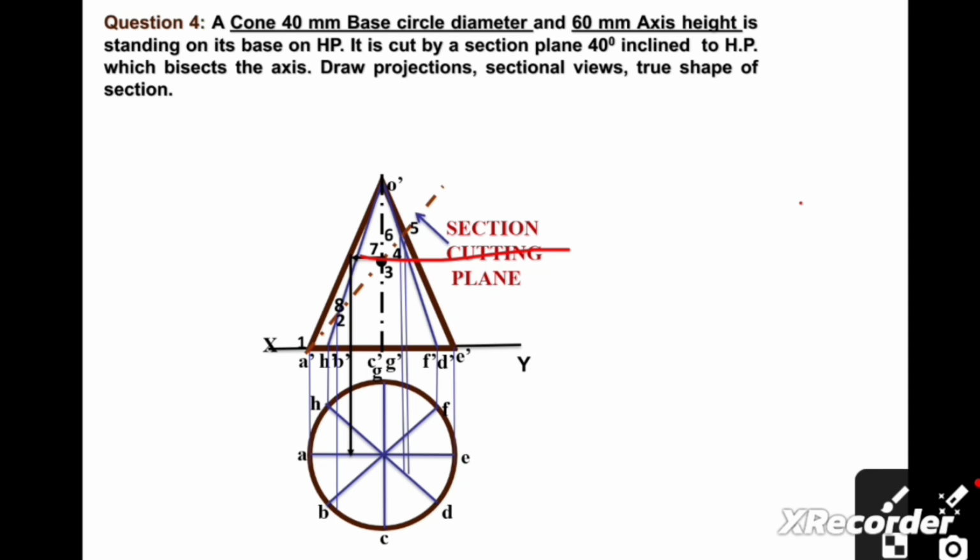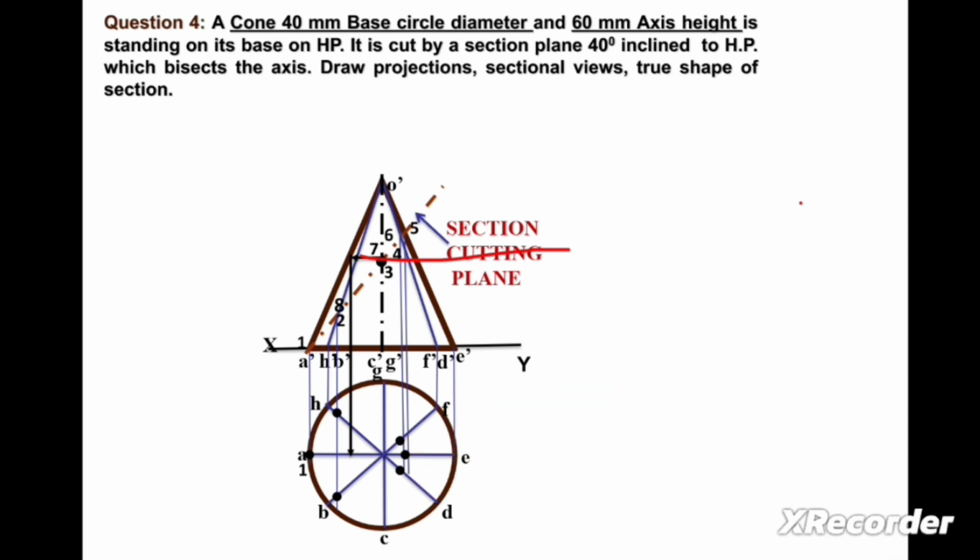Now we can extend this line from points 3 and 7 up to this line. Then we can draw a vertical line up to this horizontal line. Now we can highlight this point as shown in the figure. We can darken all these points.